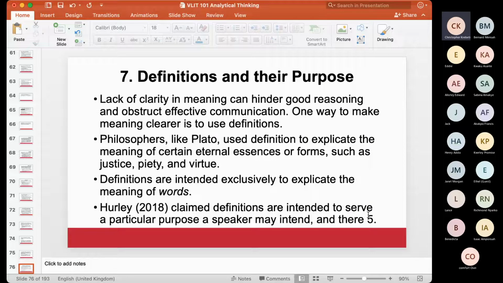Another speaker, one who also uses the same word, may not use your definition. Probably that speaker also will want to use that term to mean something else. Then he must also provide a definition. That is what Halley is saying, that definitions are intended to serve a particular purpose. What purpose do you want that definition to serve for you?